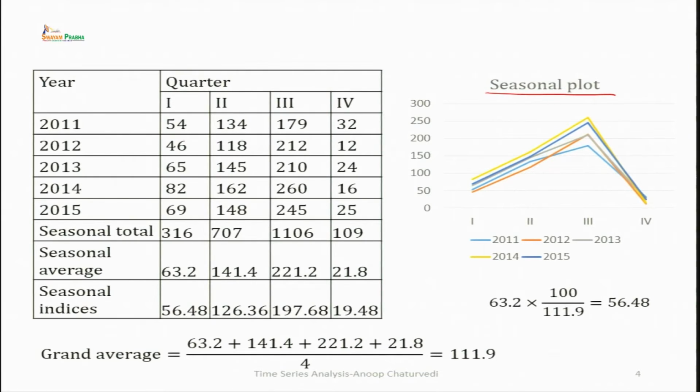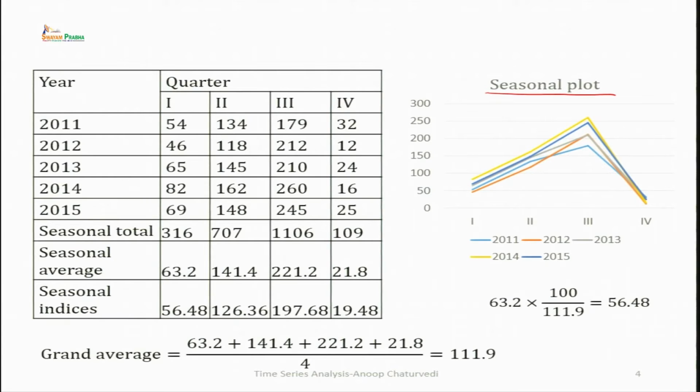Then we divide these seasonal totals by the number of years, which is 5 in this case, and then you obtain the seasonal averages 63.2, 141.4, 221.2 and 21.8.